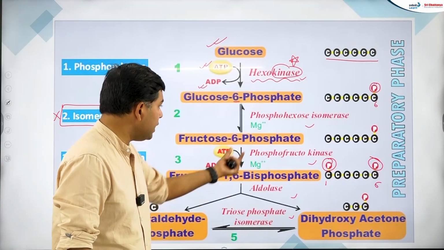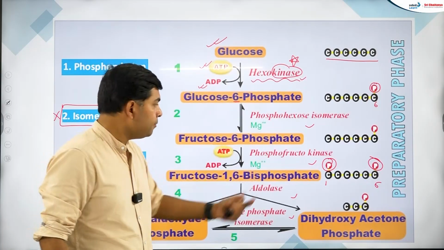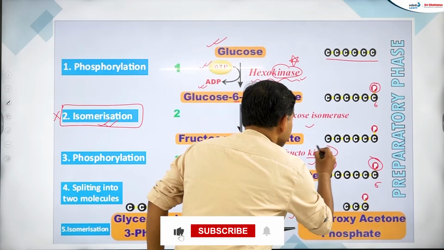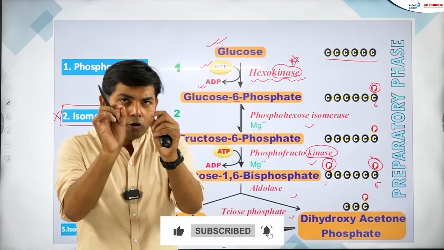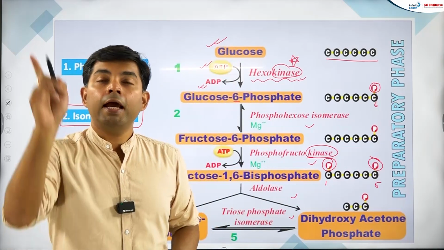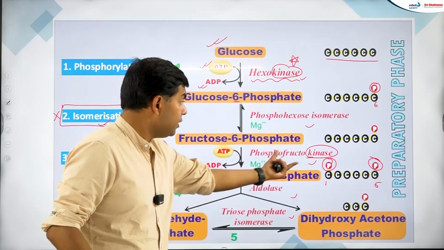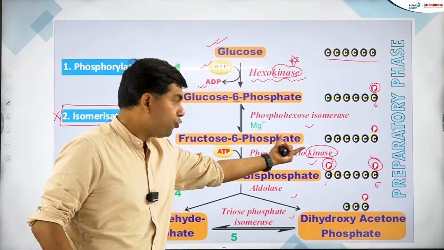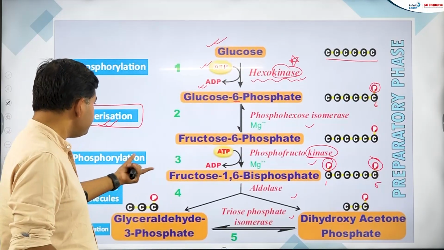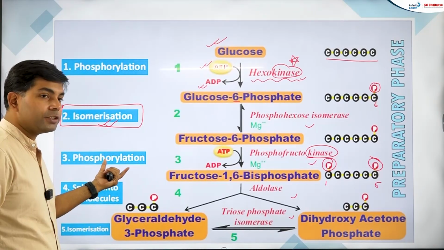Here again you can see only one phosphate, and here the second phosphate is added. So you can see another enzyme, here also kinase. From here you can simply conclude that wherever phosphate is being added, and we will see removed also, it will be kinase. Clear? Since phosphate is added, this step is called phosphorylation.